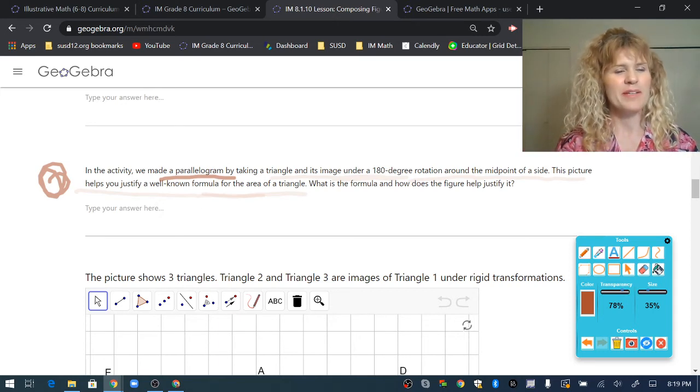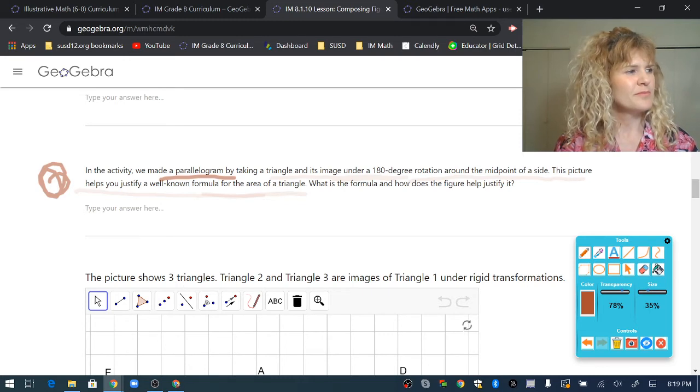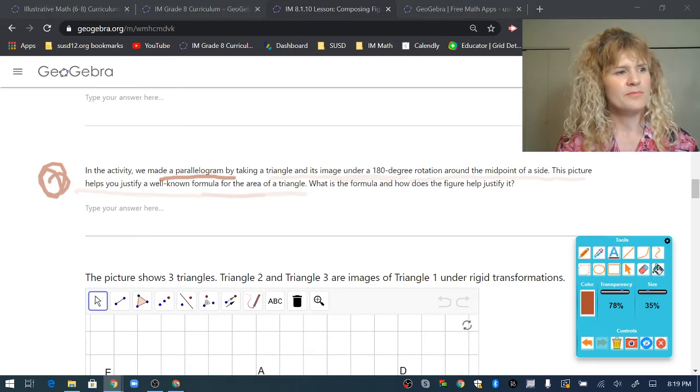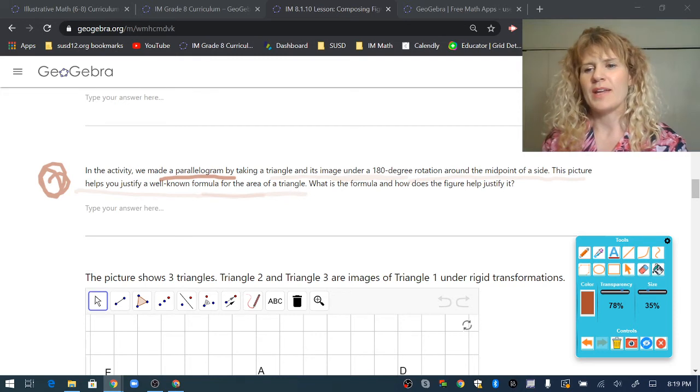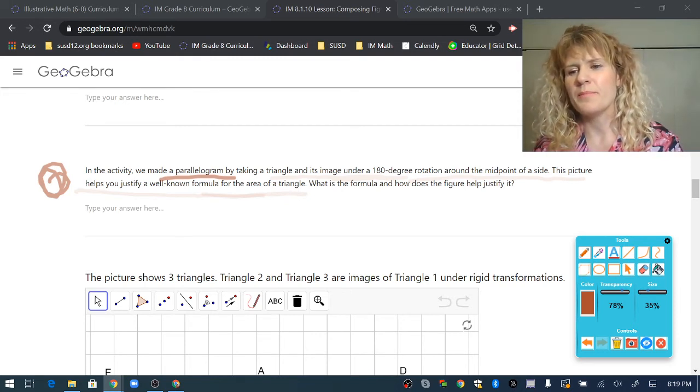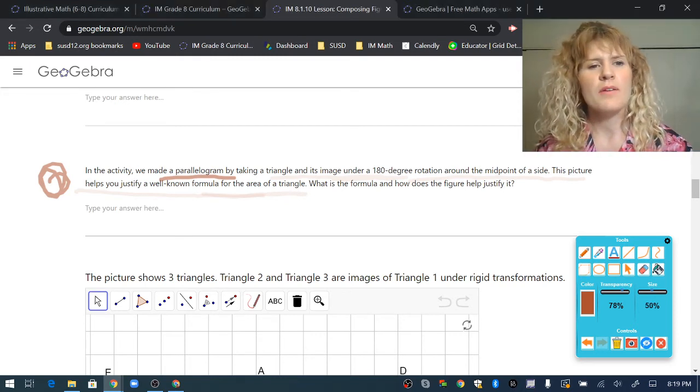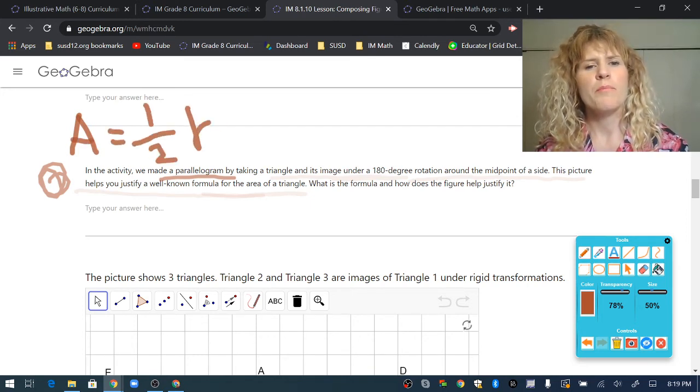I'll let you think about it before I spoil it for you. Okay, did you think about it? Let me help you. The area of a triangle equals 1/2 base times height.